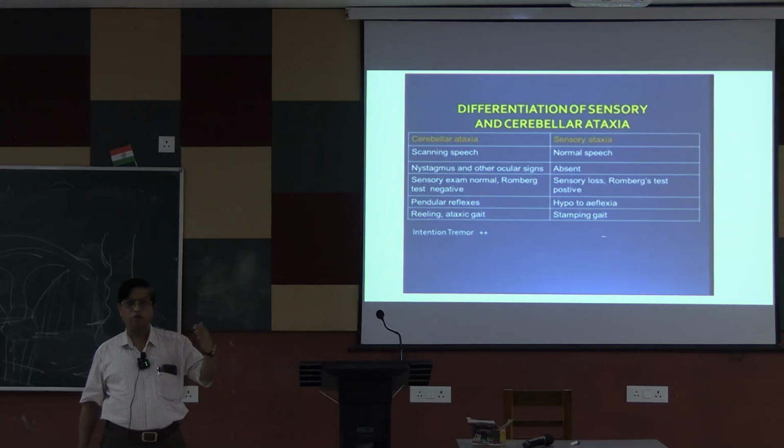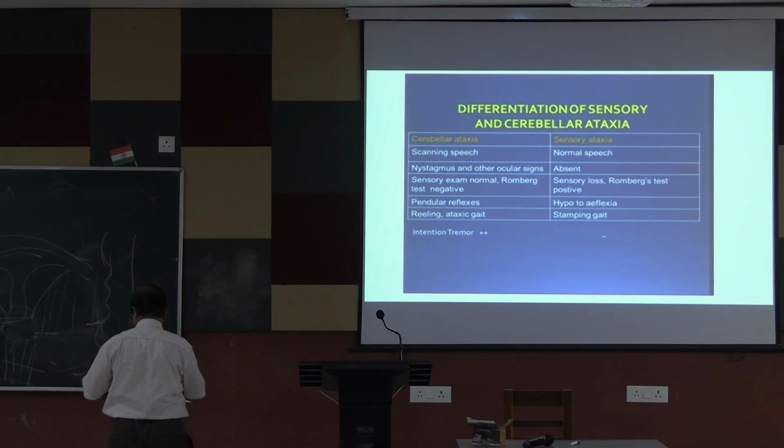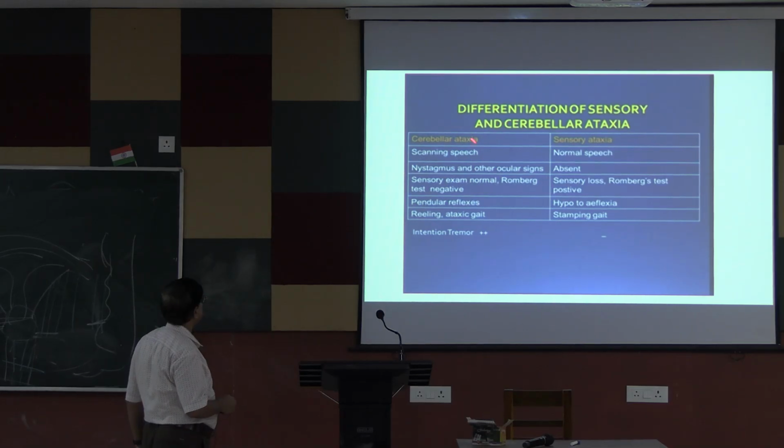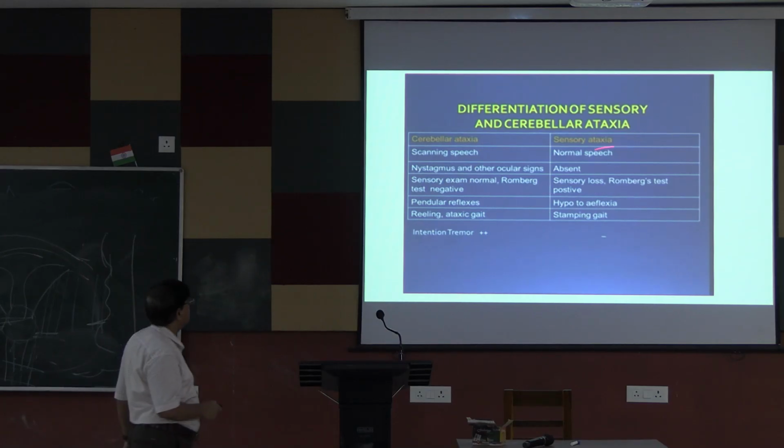The patient cannot utter the word in one stage. Scanning speech is a feature of cerebellar ataxia, where the speech is broken like this. But in sensory ataxia, speech is usually not affected.